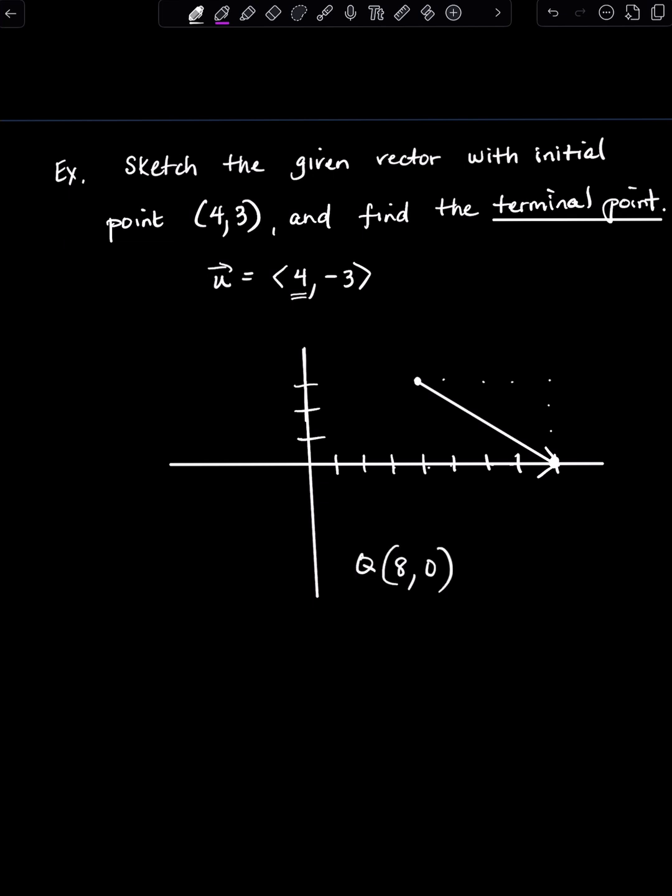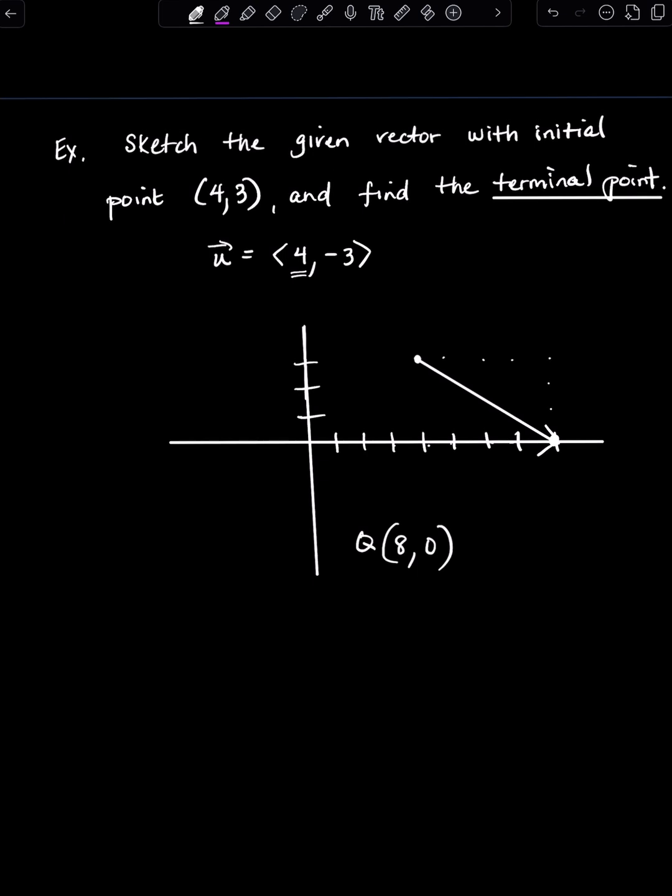What's another way I could have done this? I could have done this algebraically, because I know that the change in x equals that horizontal component, and the change in y equals that vertical component.